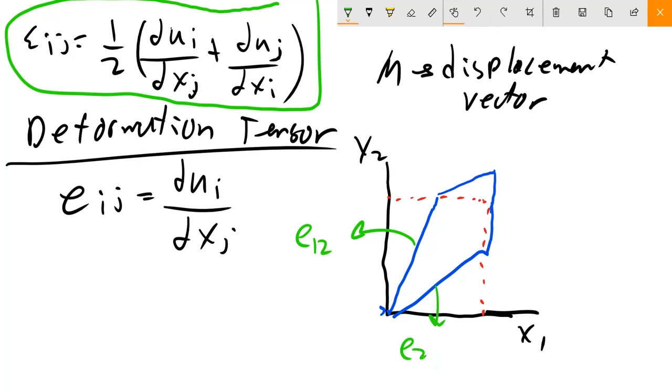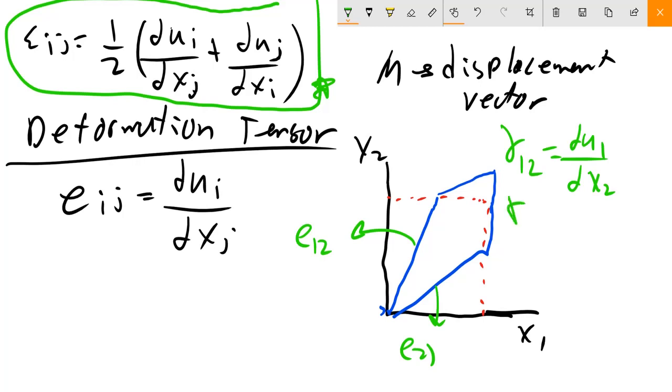Now, from the definition of my tensorial strain, which we have right up here, let's think about what is my definition of my engineering shear strain. Well, engineering shear strain is just the displacement, partial u, change displacement of 1 divided by the initial x2 length.